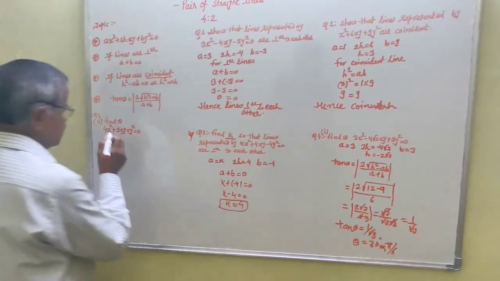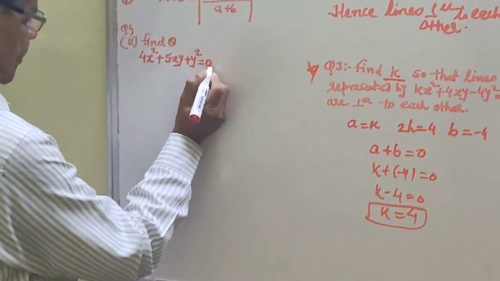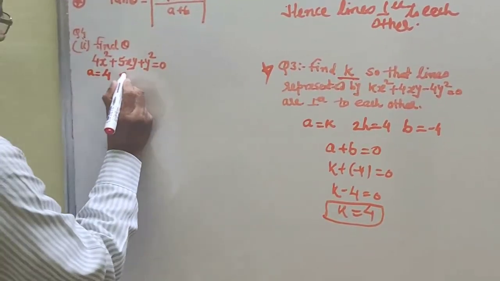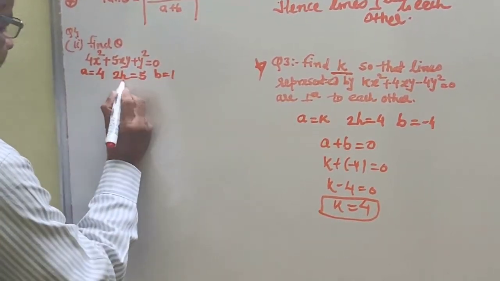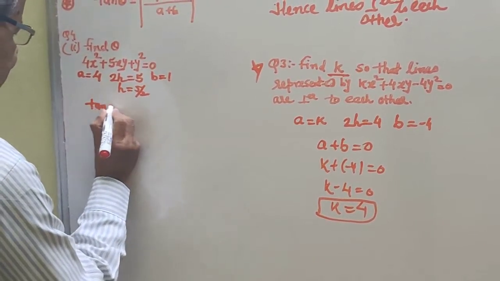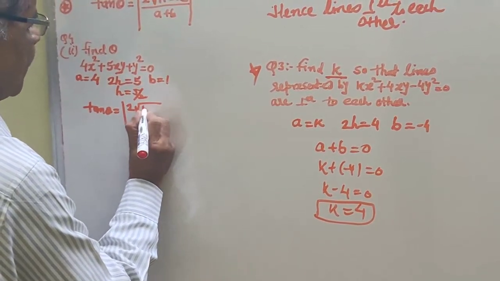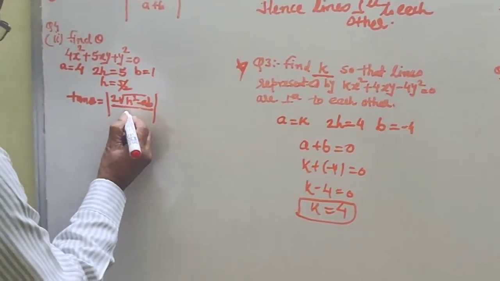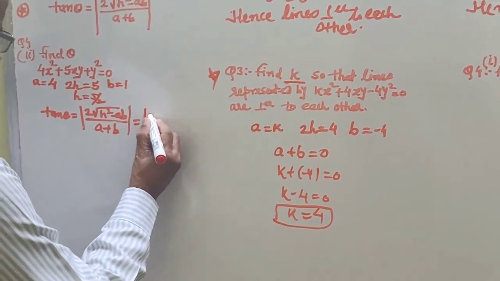Now we will go to the second problem for finding theta: 4x square plus 5xy plus y square is equal to 0. Now first I will compare the coefficients. 2h is equal to 5, b is equal to 1. So h is equal to 5 by 2. Now I will write down the formula. tan theta is equal to modulus of 2 under root of h square minus ab upon a plus b. Now we will substitute the values. What will come here?